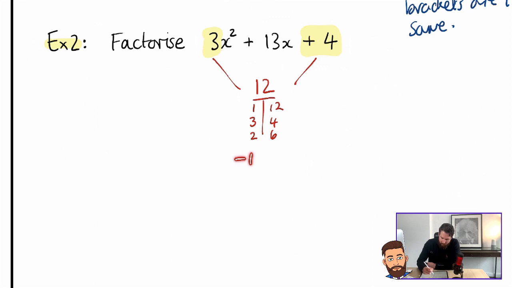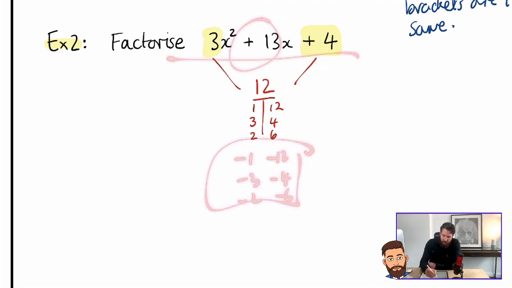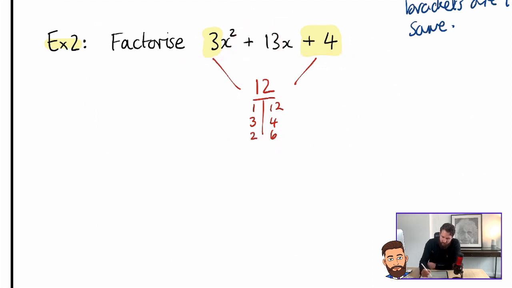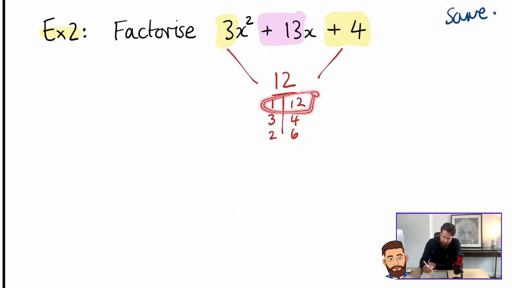I could have put -1, -12, -3, -4, -2, -6. But that's pointless because I'm trying to make a positive B. Remember, we're trying to find a factor pair that makes a positive 13. Okay, in this case, B is 13. Which one of these makes 13? Well, straight away, it's the 12 and the 1.